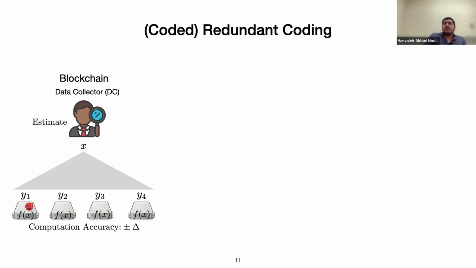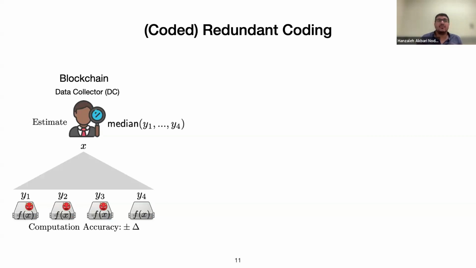Even for the case that, for example, node 1 is an adversary, using some schemes like the median works very well. If you take the median, you can easily prove that in this setting, where one of them is an adversary and 3 of them are honest, the median of y1 to y4 is in this accepted region. I mean, the computation accuracy is plus minus delta. It works.